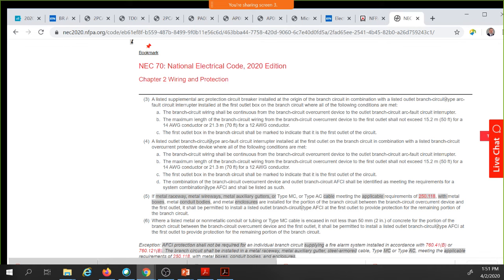It has to hit the first outlet, and it has to be marked as the first outlet. Then you have the combination of the branch circuit overcurrent device, which is the standard thermal mag breaker or some breaker able to provide the level of protection needed for that home run circuit, and the outlet branch circuit AFCI downstream. So those two work together.